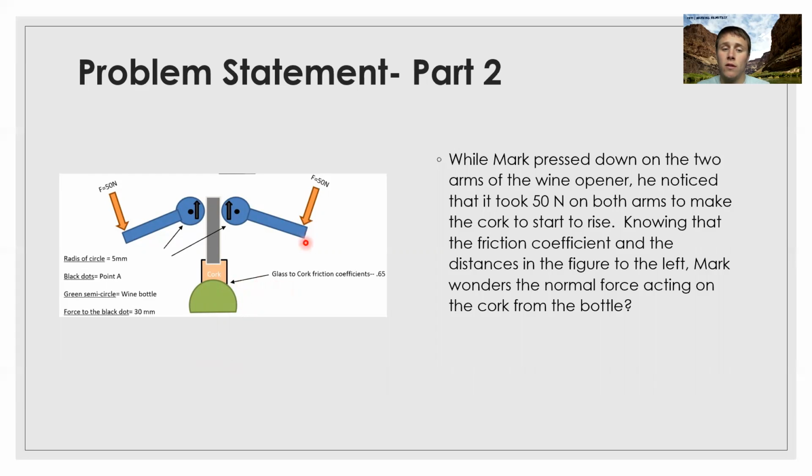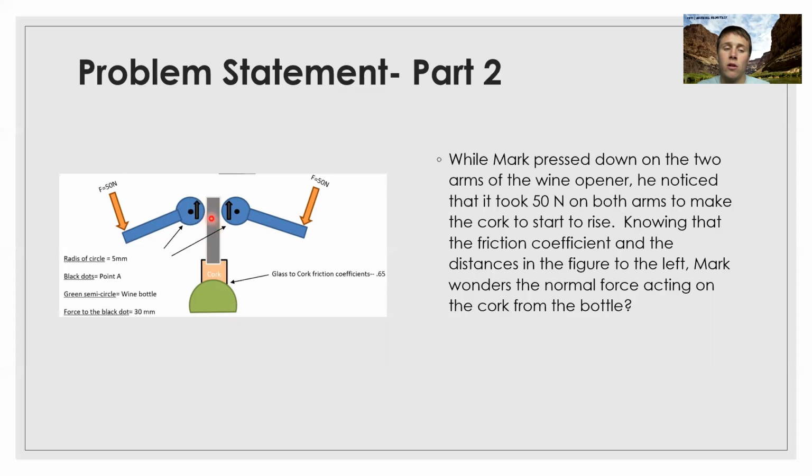Given variables in this are 50 newtons of pressure pushed down from each side. Each side is one arm, and they are 30 millimeters away from the center of axis. The center of axis is 5 millimeters away from the corkscrew.